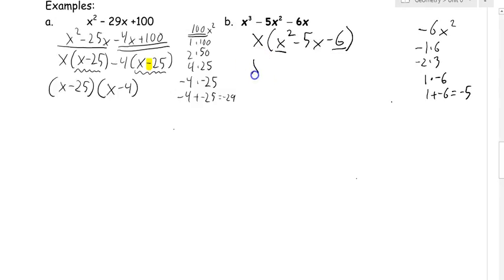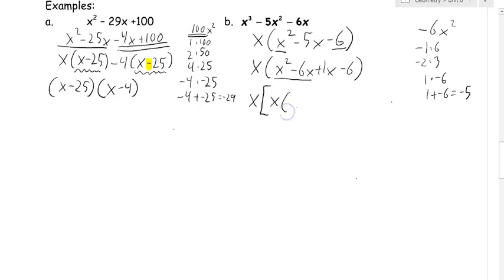So then we split our middle term up. X squared minus 6x plus 1x minus 6. And we're going to factor out the common factor of the first 2 terms. I'm going to change the outside parentheses to brackets because I am factoring out a common factor.